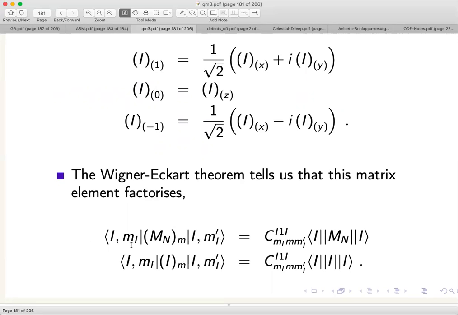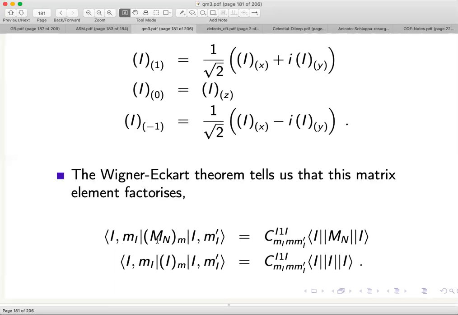Notice you have MI written here and MI prime written here, but this double line matrix element, which is called a reduced matrix element, is independent of what MI and MI prime you choose. All the dependence on MI and MI prime is sitting inside this Clebsch-Gordan coefficient.